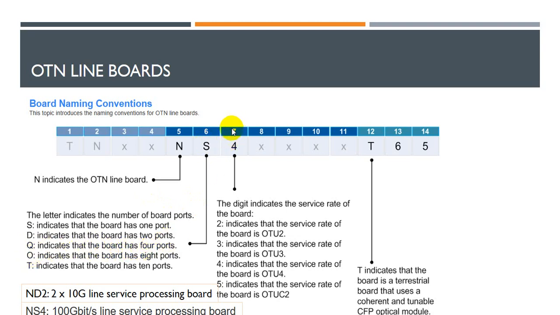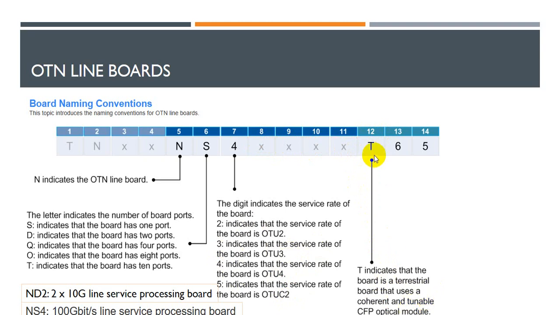Then the next digit represents the service rate: 2 means OTU2, 3 means OTU3, likewise OTU4 and OTU5. There are some digits in between, and then the last letter T indicates that the board is terrestrial and tunable.